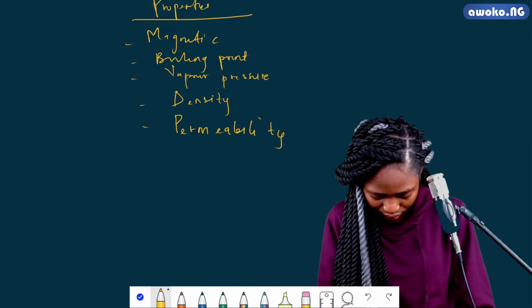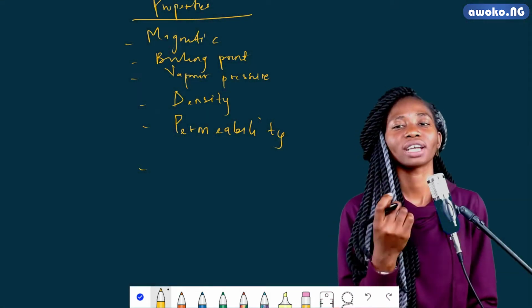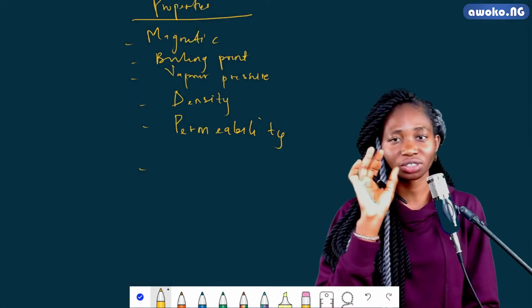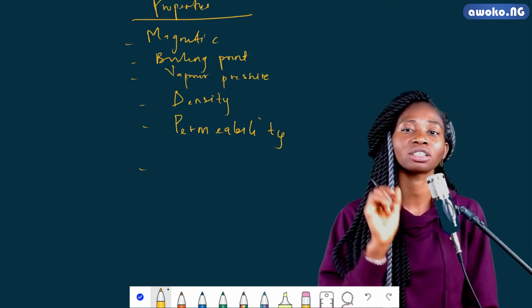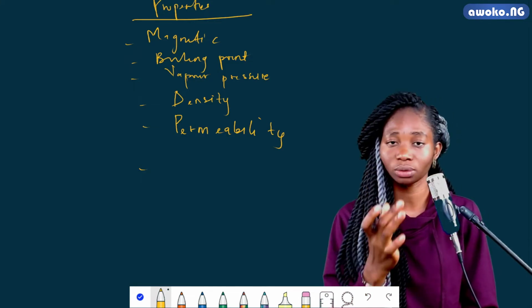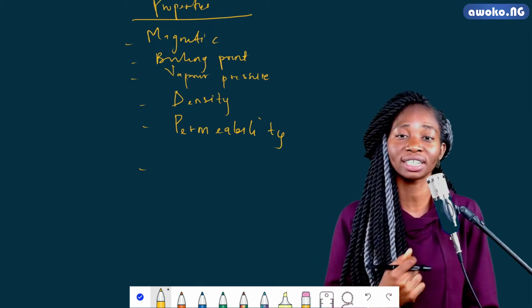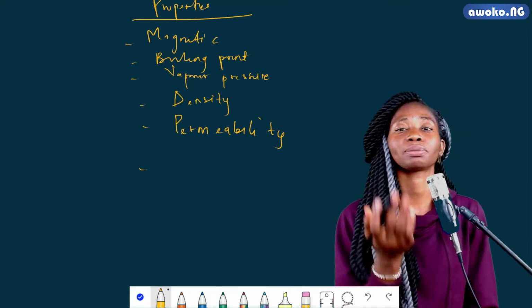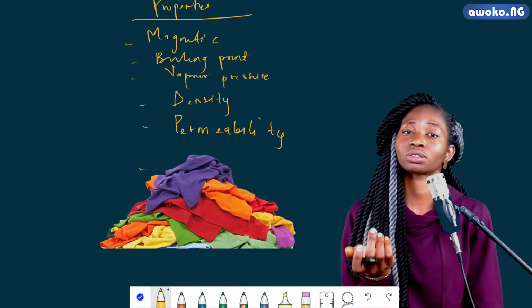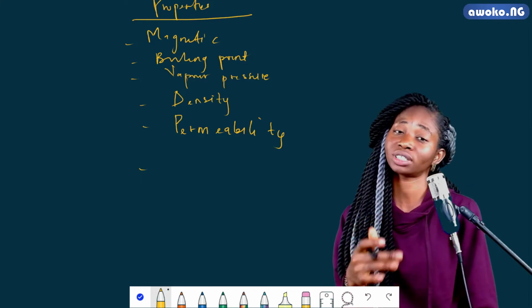Permeability, what am I talking about? Permeability is simply a term that describes the ability of a substance to pass through a porous material. When a substance can pass through a porous material, we say that substance is permeable. Porous materials like cloth, certain kinds of materials that are used in sieving.